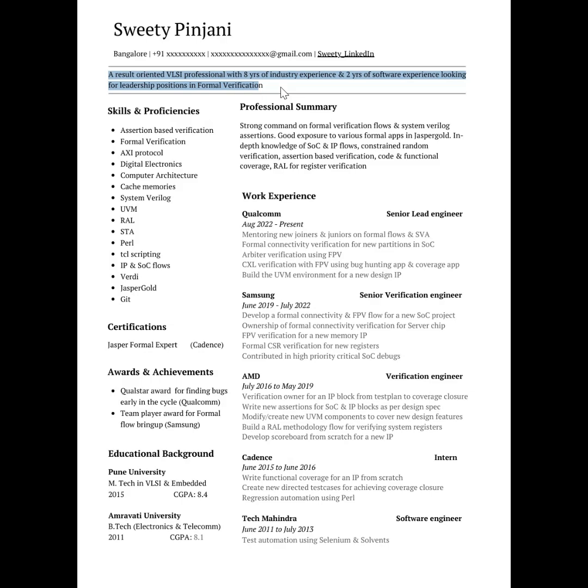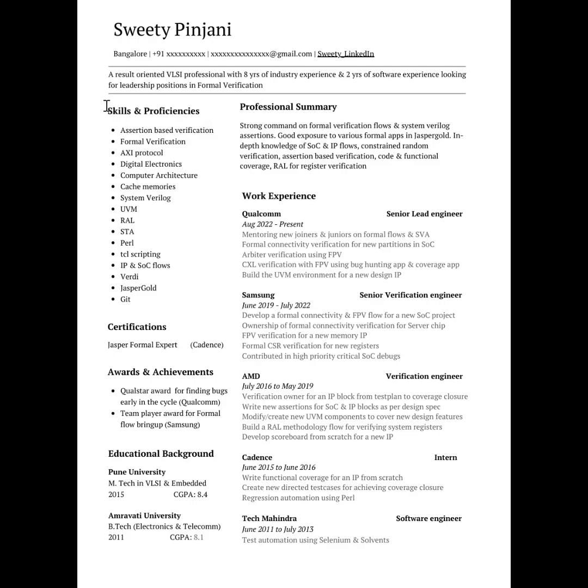Since the person is experienced, they had a lot of information to fill: work experience, lots of skills, certifications, achievements. So they segregated their resume into 2 columns. Since the person is experienced, educational background they can keep towards the end, but skills and professional experience they have to keep at the top.